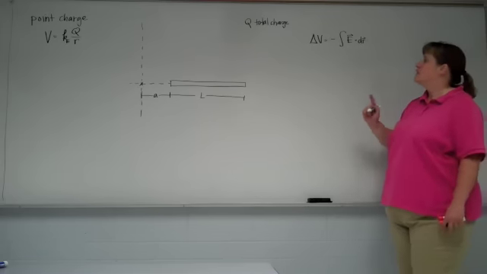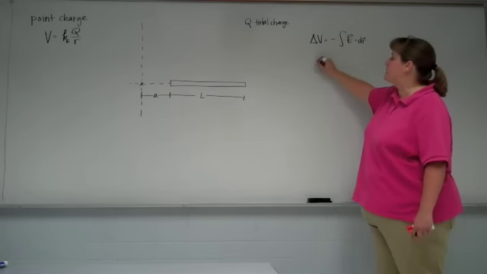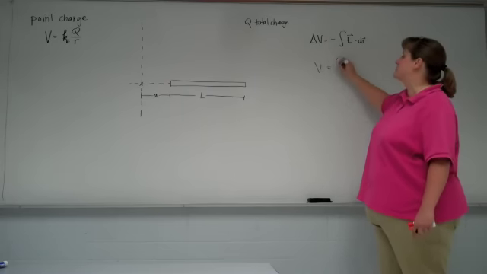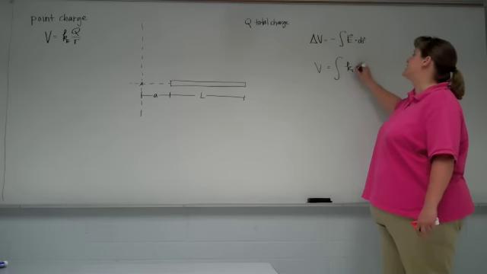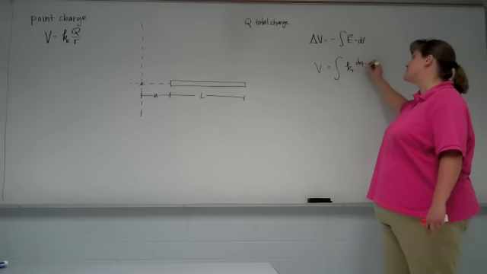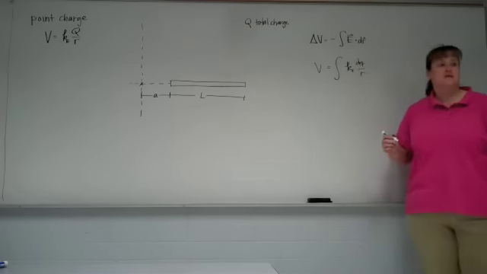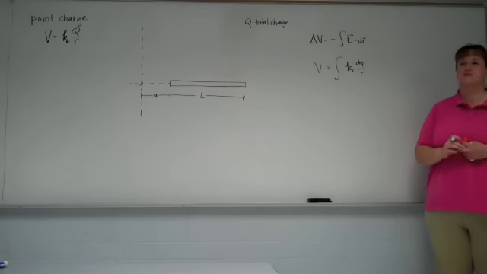But we can also find the potential at a given point by treating our object as a whole bunch of little point charges and summing up each of their contributions to the potential at that point.